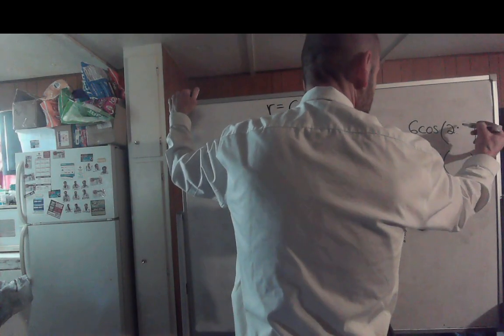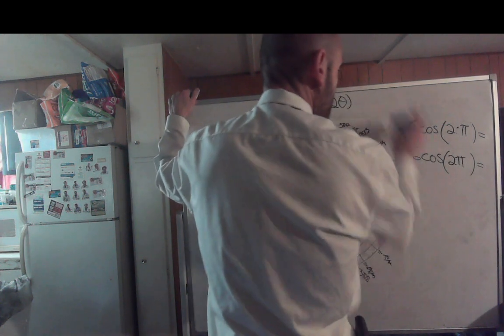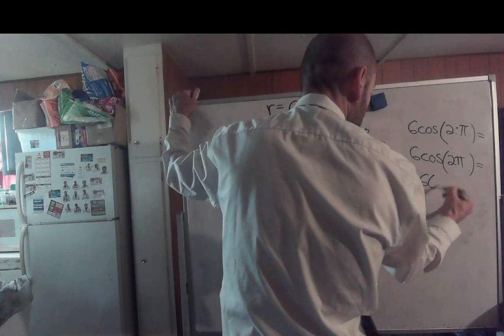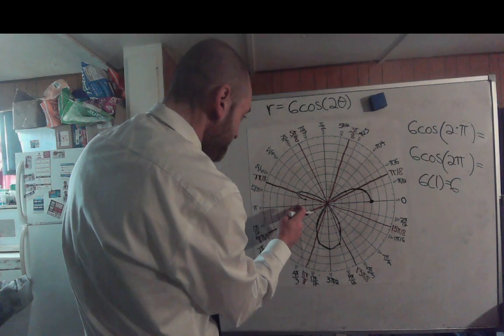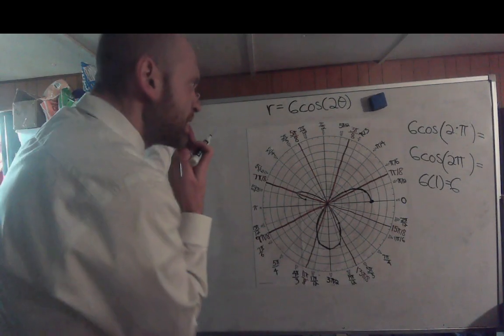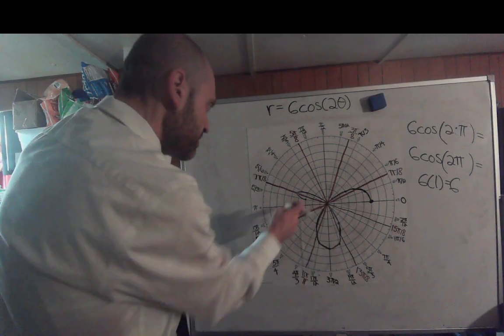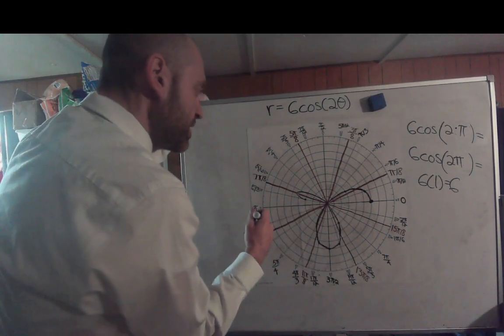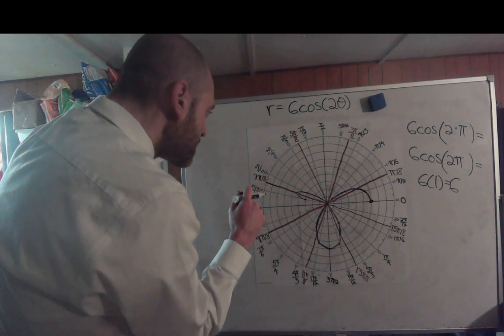Well, that's just the cosine of 2 pi, which we know to be 1. 6 times 1 is 6. So we're actually going to get a positive here at pi. It's 11 pi over 12 is 11 pi over 6. I messed up here. It's easy to mess up on these too, I should tell you.